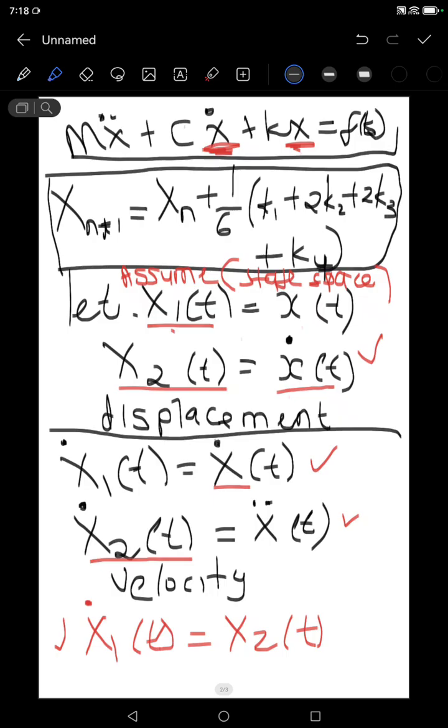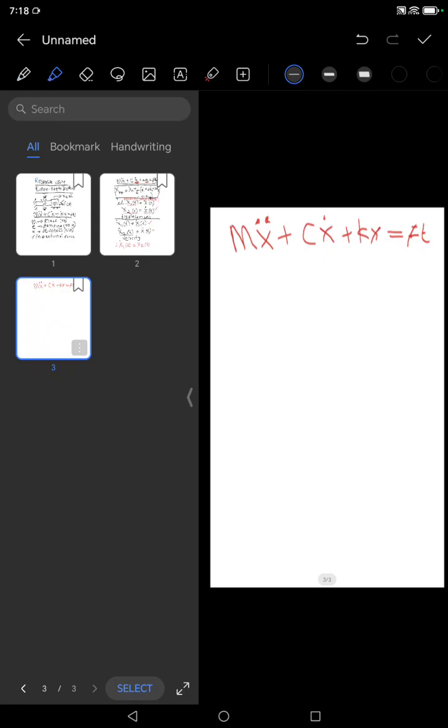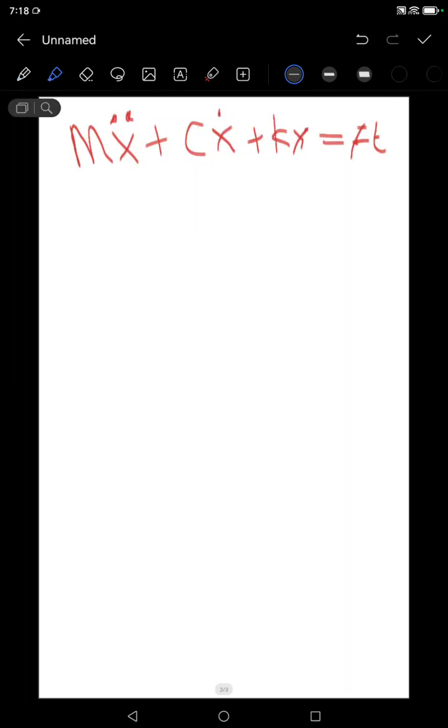So now on this side we're going to write m x. We're going to rearrange the equation and now substitute the state space. Okay, so we're going to have m x2 dot of t plus c.